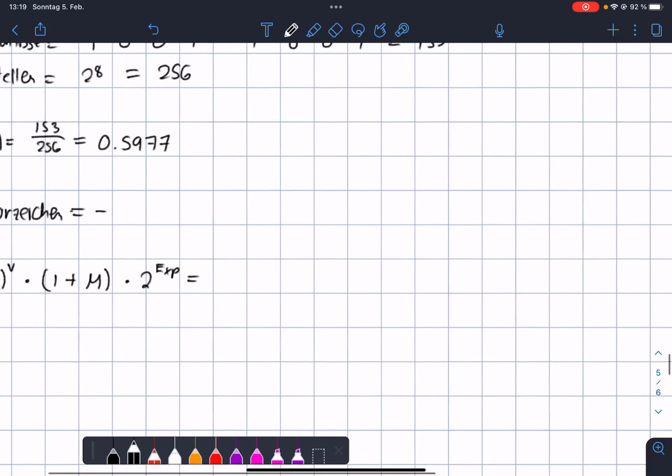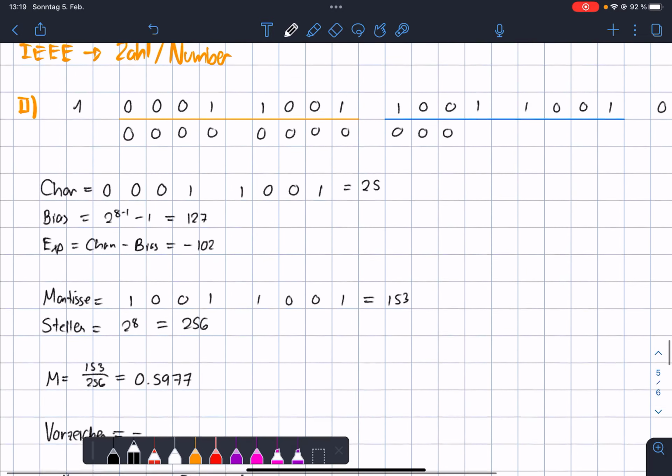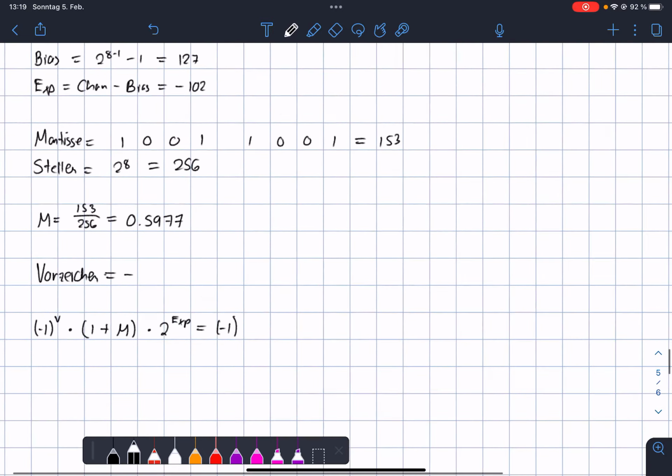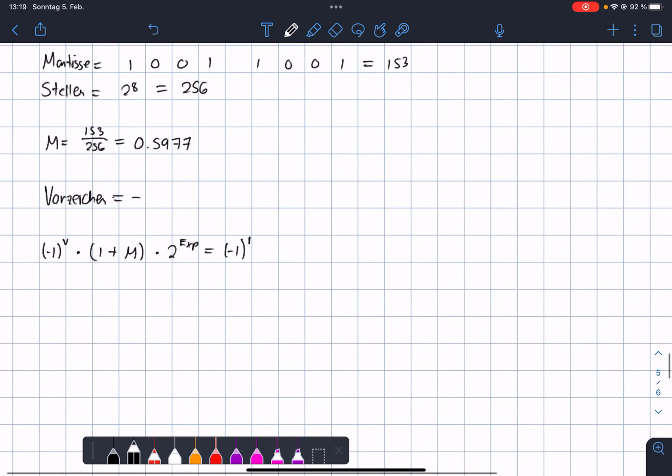In this scenario, we're going to write -1, then the V, which in this case is 1, it's a Vorzeichen, because as you guys can see, we have 1 here. So it's going to be 1 here. We can just write the 1 here if you want, guys, I wanted to.